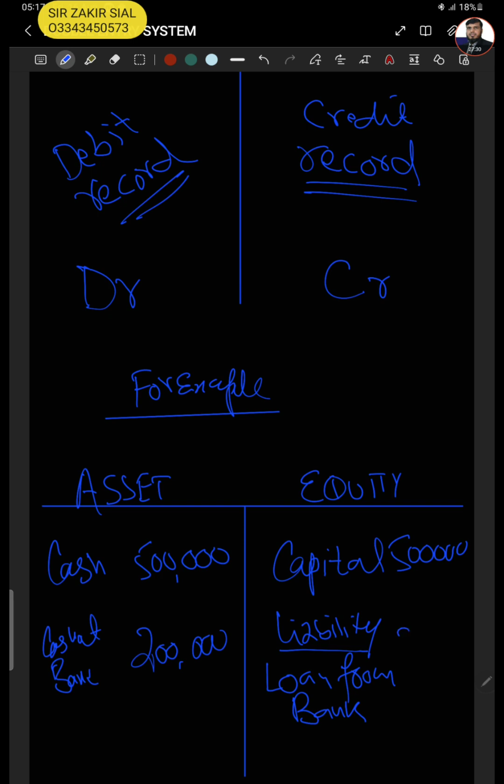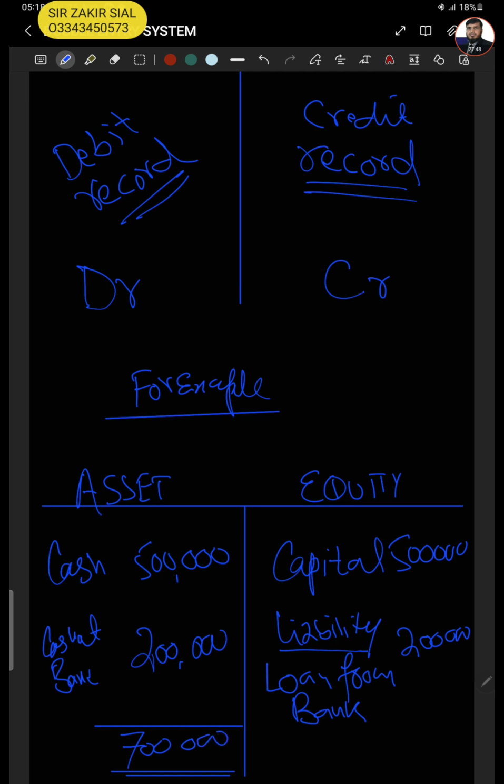So again, you can see on one side assets are 500 and 200, 700,000.